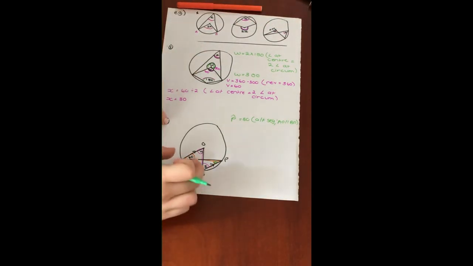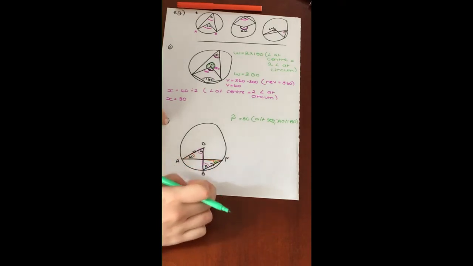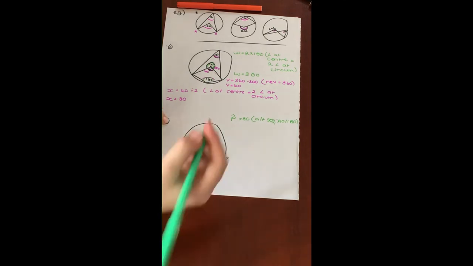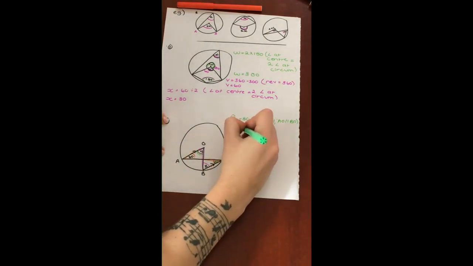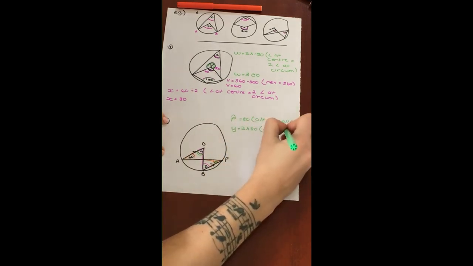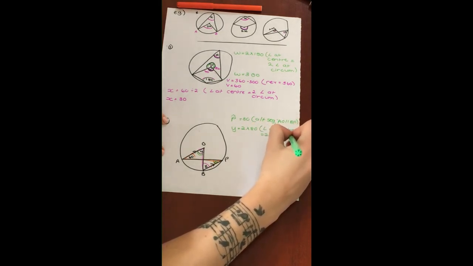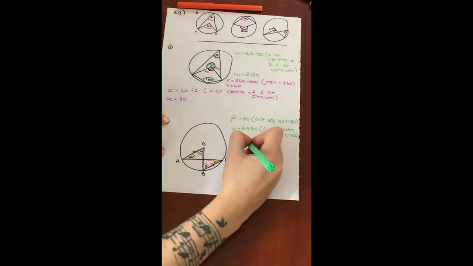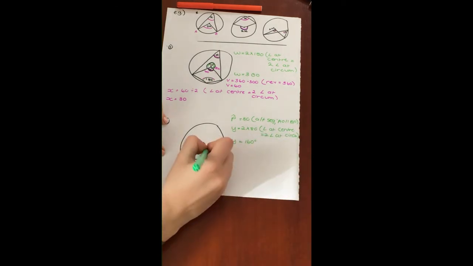So the angle subtends from AB to P, which is 80, and the angle subtends from AB to O. So this angle Y should be twice the size of angle P. So we're going to say Y equals 2 times 80. Reason being, angle at center equals 2 angle at circumference. Alright, so Y is then equal to 160.